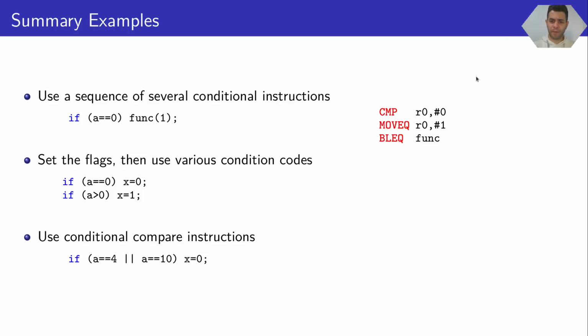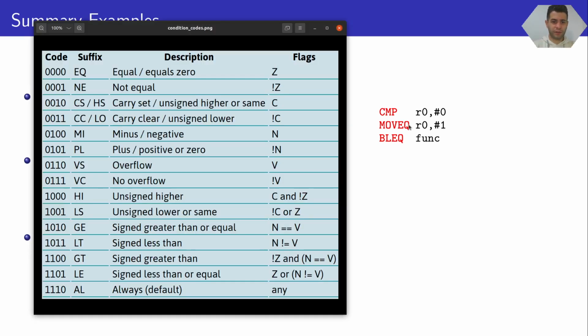Here we assume that our variable a is mapped into R0. Here we are comparing 0 with R0, and you remember CMP, we are subtracting 0 from R0 and updating the CPSR register accordingly. And then EQ, you remember, is a condition code that will check the Z flag.